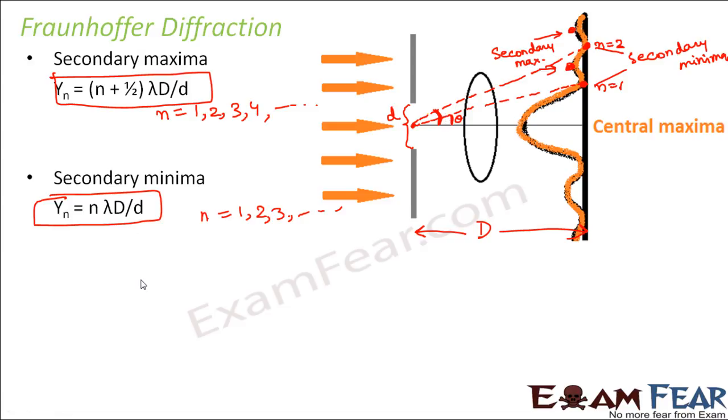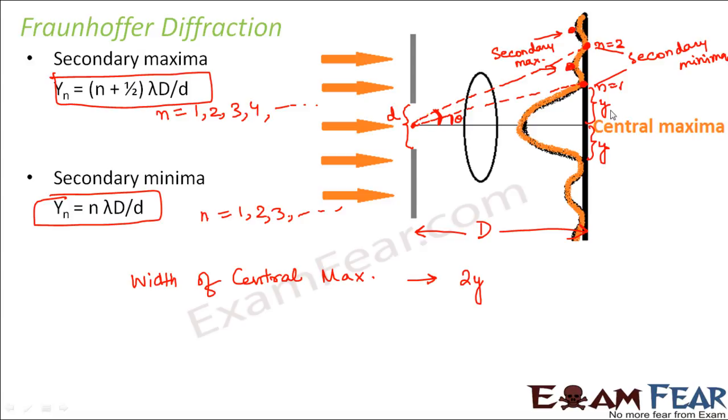Now let's quickly focus on the central maxima. What if we want to find the width of the central maxima? That's interesting, because the central maxima is very wide. The width of the central maxima is basically this region. If you find the position of the first secondary minima and double it, you get the width of the central maxima.